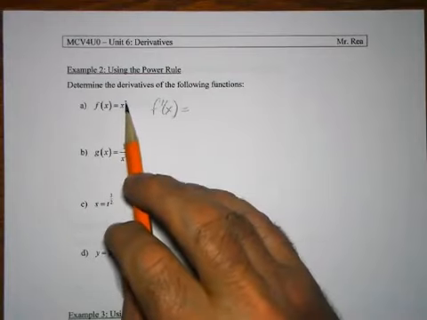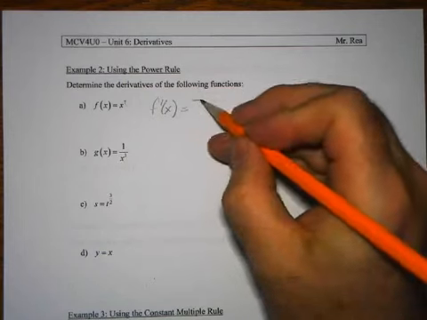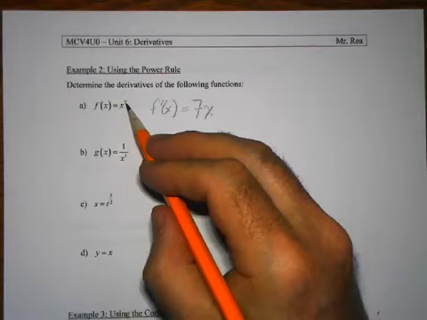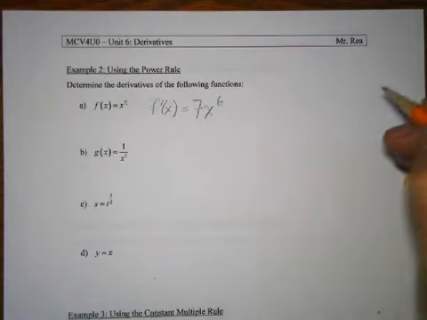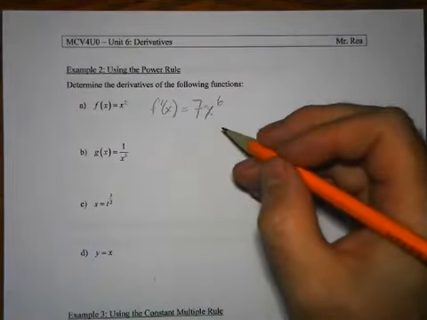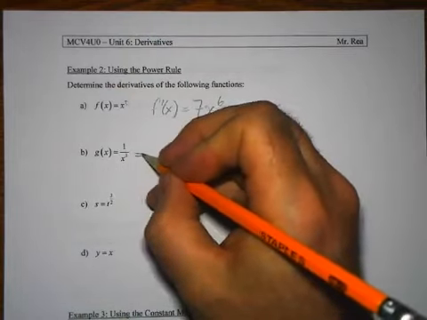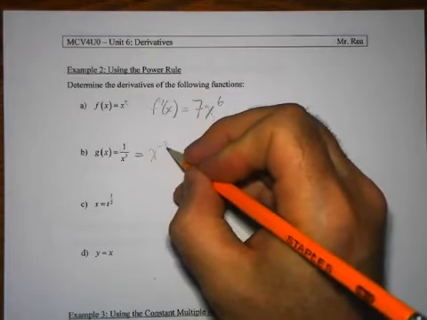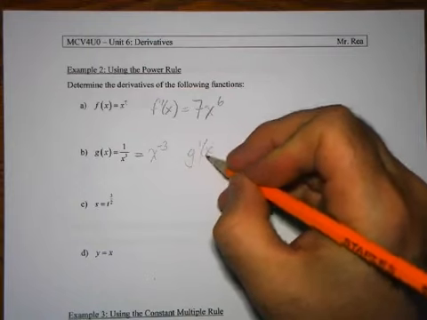Since this is only one term, the 7 comes out front as a multiplier, and then we reduce the exponent in the original function by 1, so it's 7x to the 6, and we're done. For this one, g of x equals 1 over x cubed, we should fix this first. That's the same as x to the negative 3, and now we can do the derivative, so g prime of x.